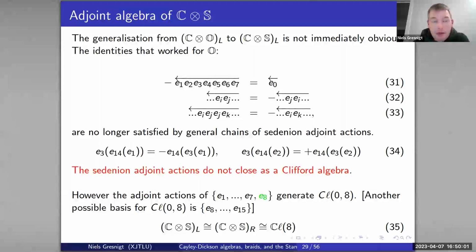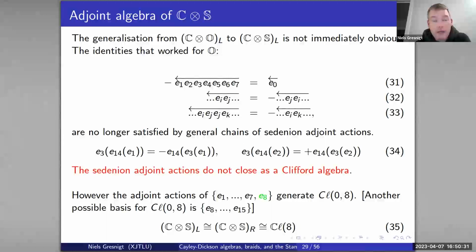So let me go over this very quickly. I'll try to speed it up a little so we don't go for too long. If you look at the adjoint actions, the action of the algebra via the left or the right on itself, it doesn't generalize immediately from the Octonions. Some of the nice properties that work for Octonion adjoint actions no longer work for the Sedenion actions.